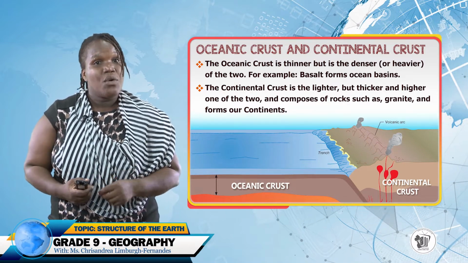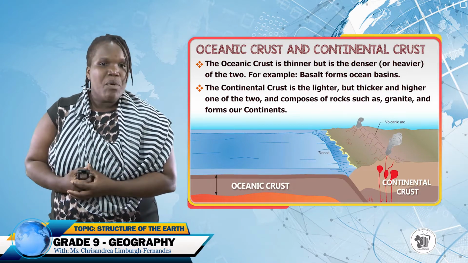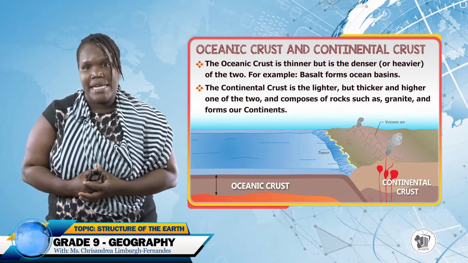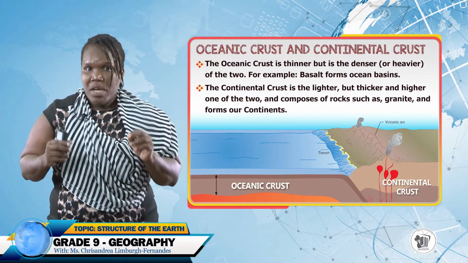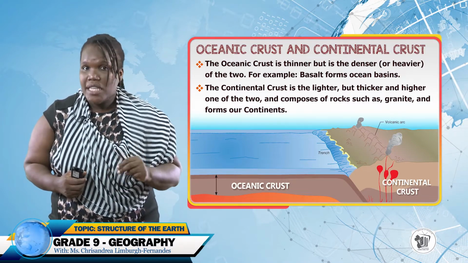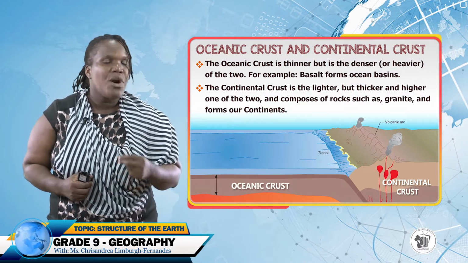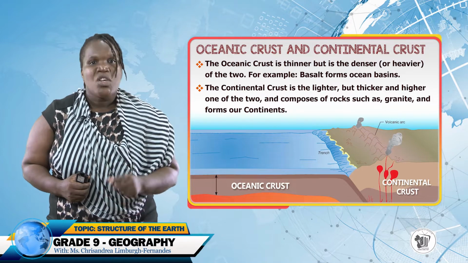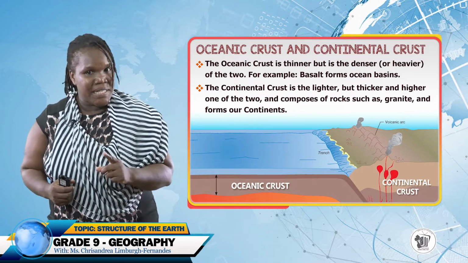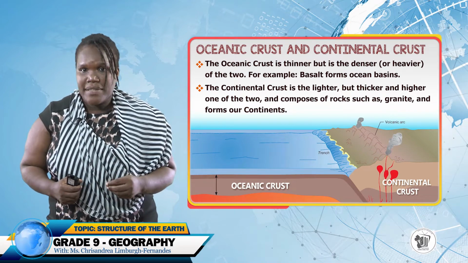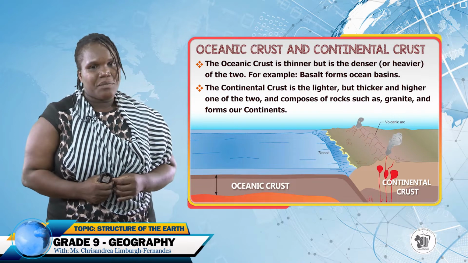This crust is also thicker and higher, and it is composed of rocks such as granite, and they form our continents. You must remember this, students. These two facts are critical facts that will carry us through our geography lessons. Oceanic crust is thinner and denser. Continental crust is higher, thicker, and lighter.